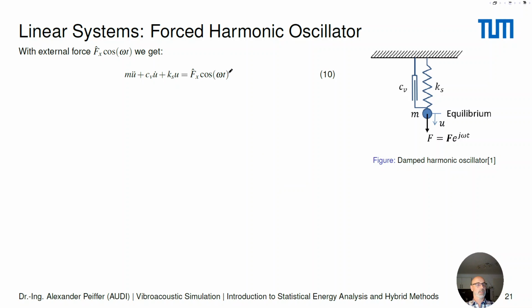There's something missing here. There should be an additional phase if we would like to have the flexibility to put some phase factor into it, and this is a term that is missing here.